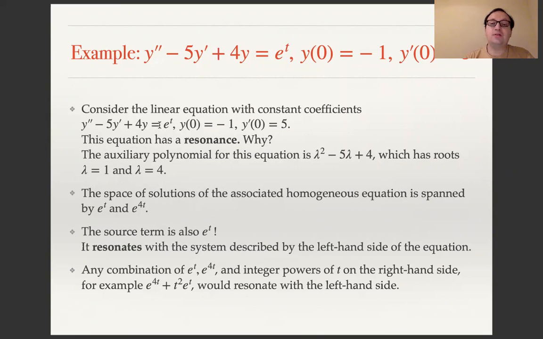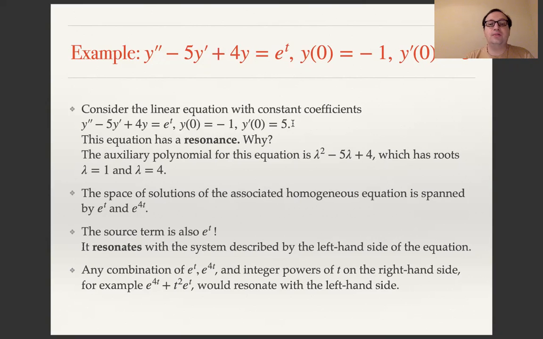This example looks almost identical to the previous one, except that instead of having e to the minus t, like in the previous example, and it should have been e to the minus t, so e to the minus x was a typo. One should use t in the context of the Laplace transform, traditionally. Well, so instead of e to the minus t, here we have e to the t.